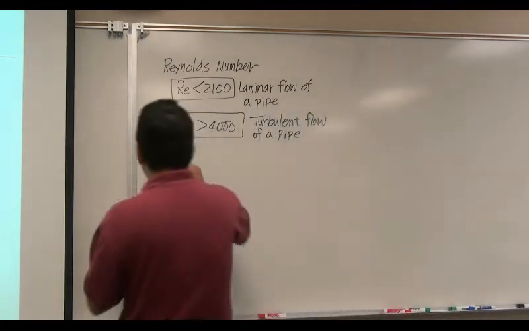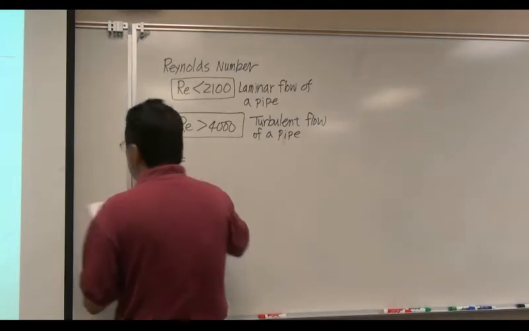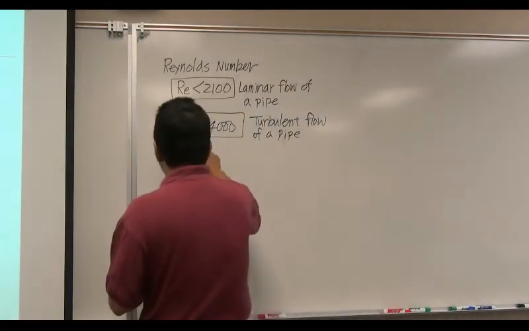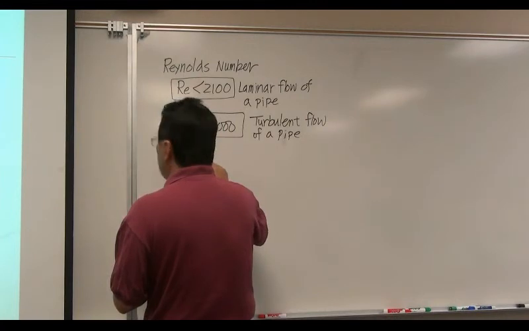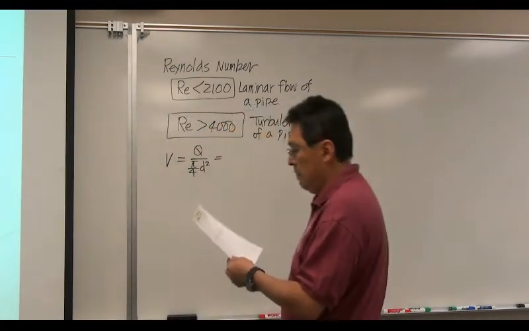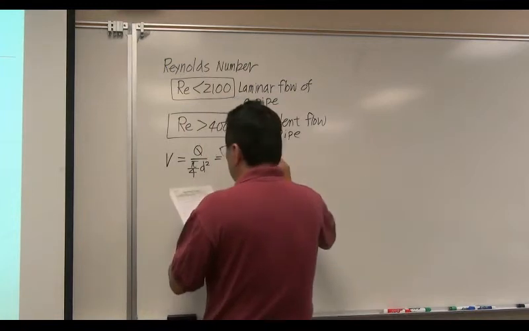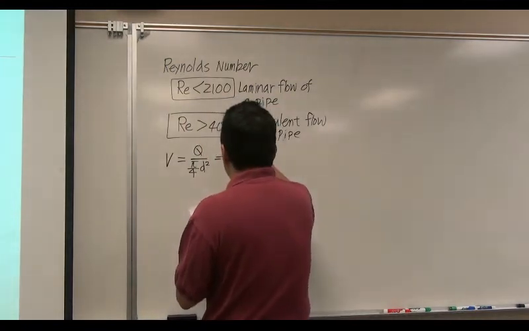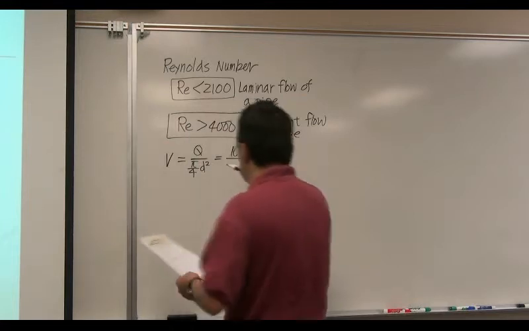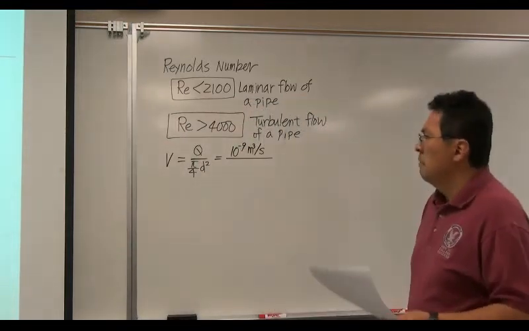So first of all, let's find out the average velocity based on the given flow rate Q divided by the cross-section area. Flow rate Q is given by 10 to the minus 9 cubic meter per second. It's pretty low value, isn't it?